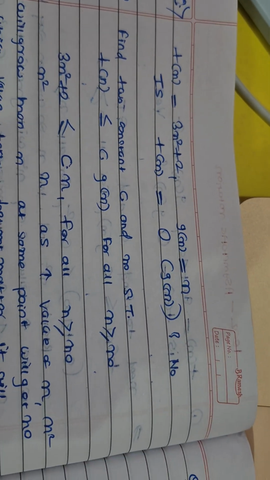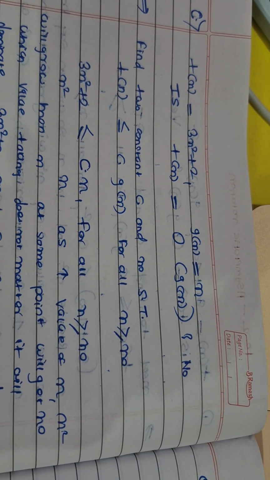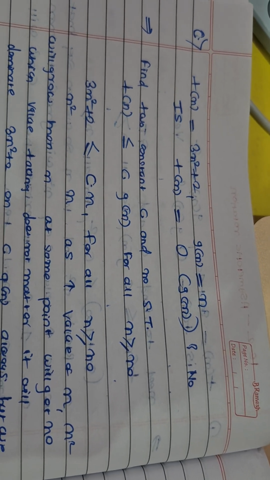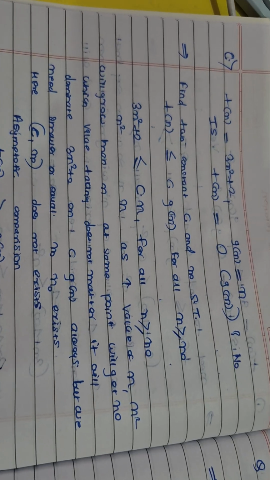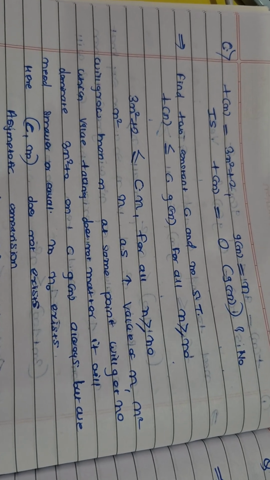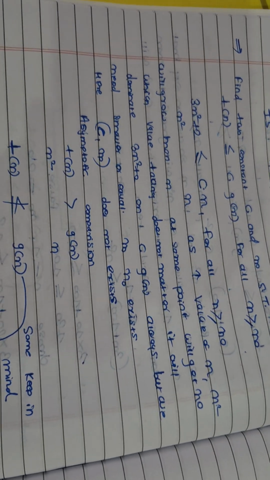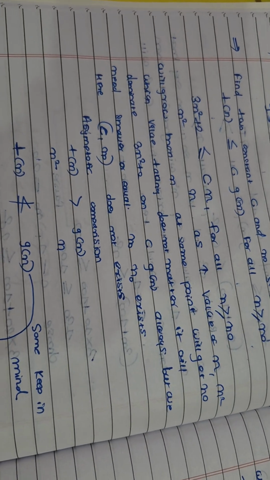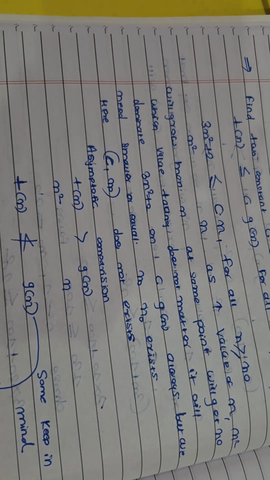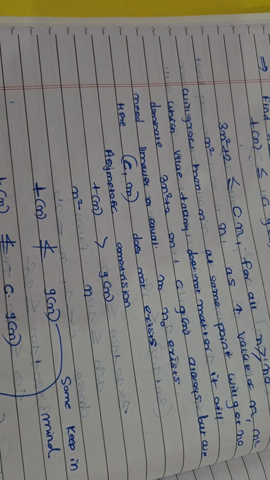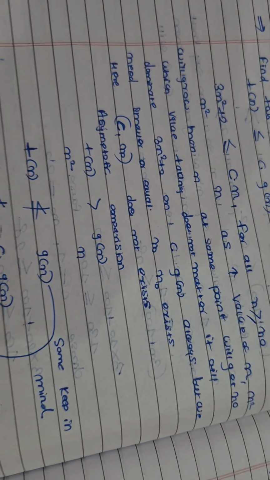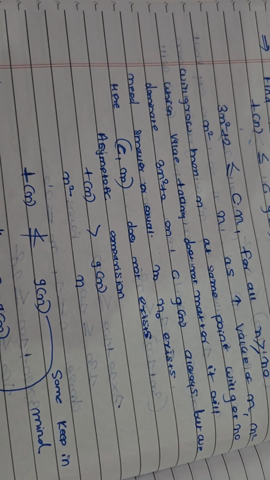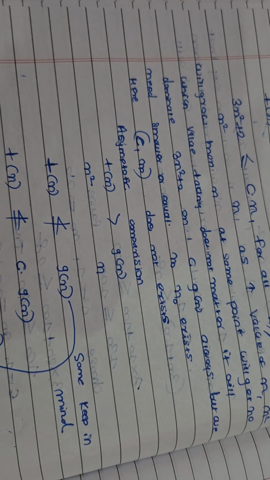Then the second example is also where we need to find if these two equations are the same, like if it is satisfying. So the most dominating term you can see is n squared, and for g we have taken n. Then n squared is not less than n, so T(n) is not less than g(n), so it does not satisfy.